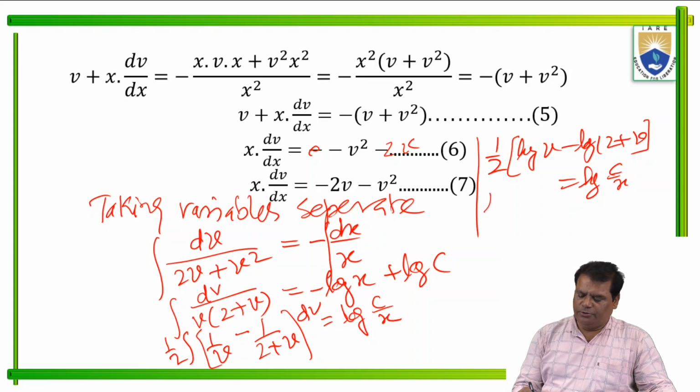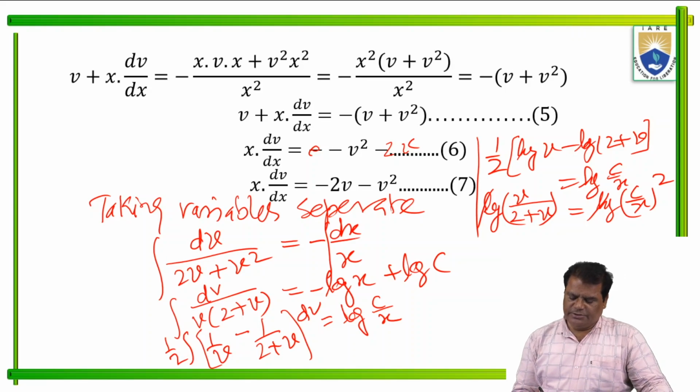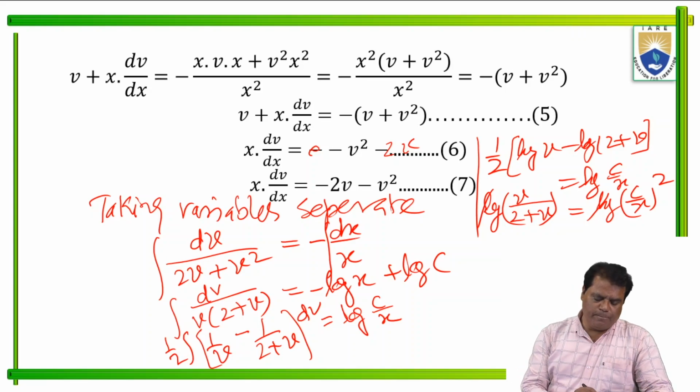Now log v upon 2 plus v, and this equal to log of c upon x whole square. Log cancels. Final answer is v. Putting v equal to, y is equal to vx, then v is equal to y upon x.